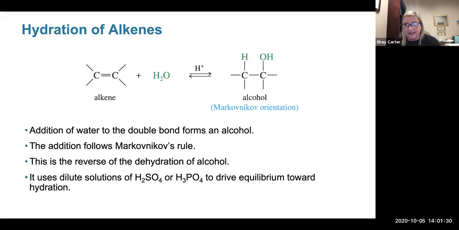The addition follows Markovnikov's rule. And the reverse is dehydration, which we talked about when we talked about elimination reactions. Good reagents to use are dilute solutions of sulfuric acid or phosphoric acid, H2SO4 or H3PO4.